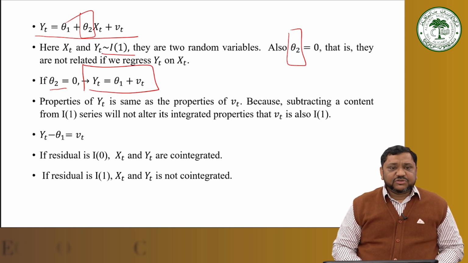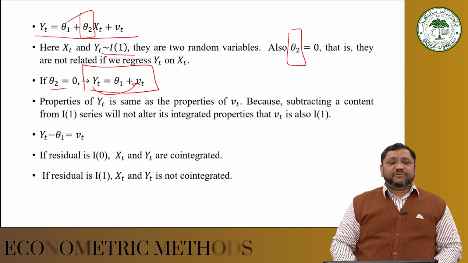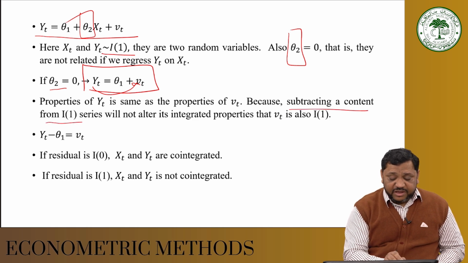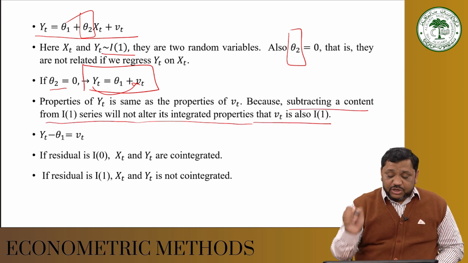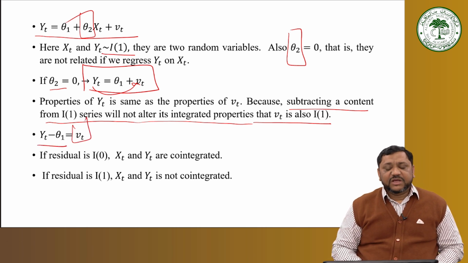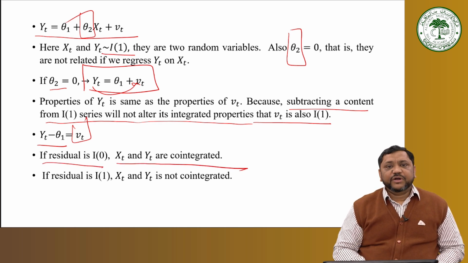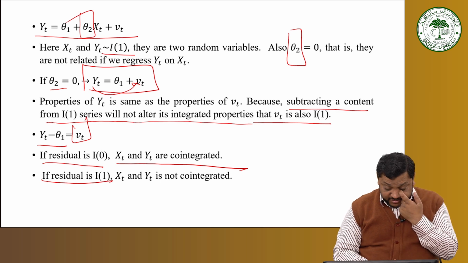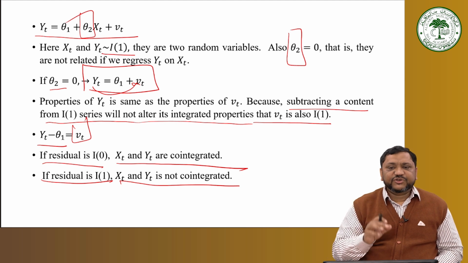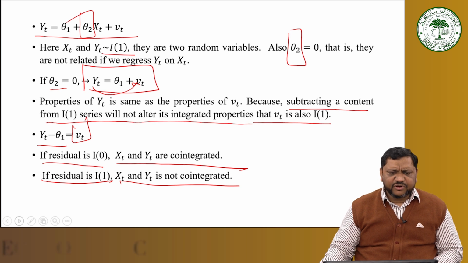Now, the properties of yt are the same as the properties of vt, because according to the rule, subtracting a constant from I1 will not alter its integration properties. So Vt we can write as Yt minus theta 1. If the residual is I0, Yt and Xt are co-integrated. If the residual is I1, Yt and Xt are not co-integrated. So this is a test of co-integration in the context of a single equation framework.